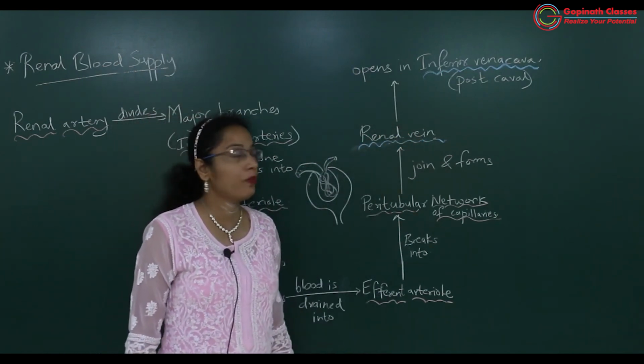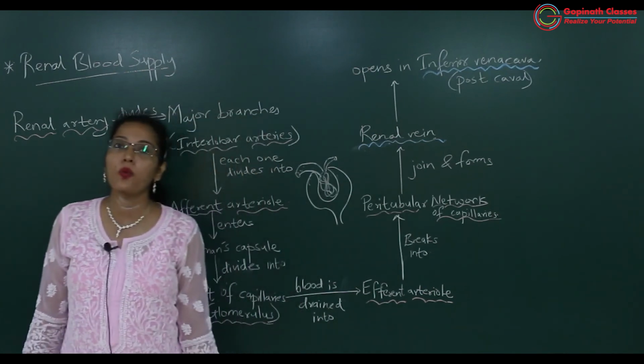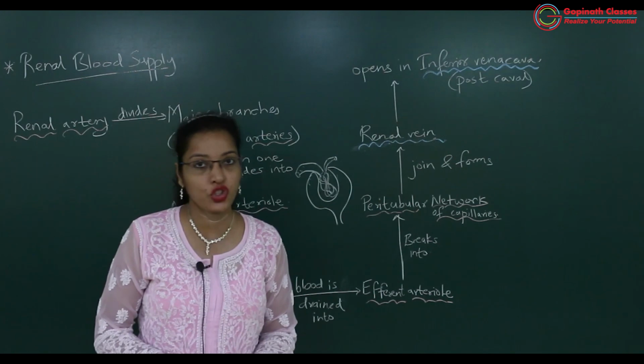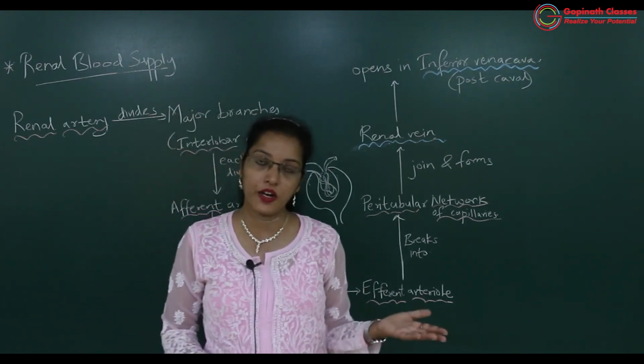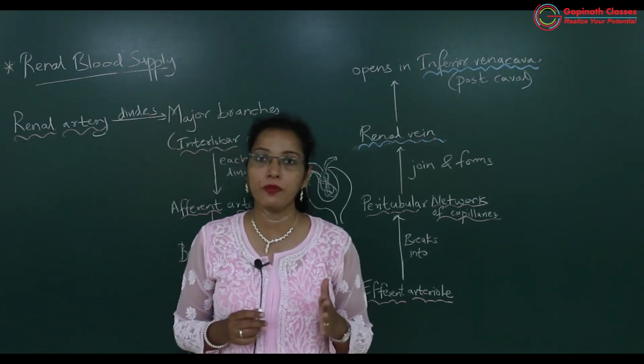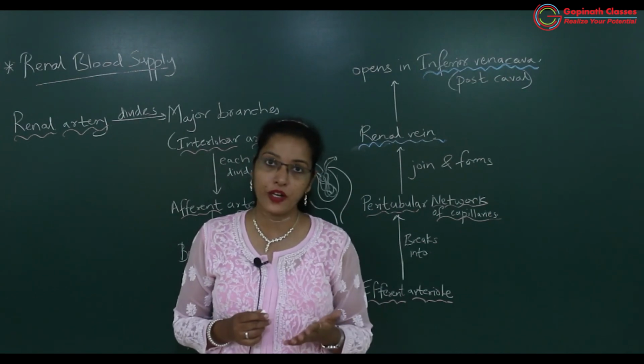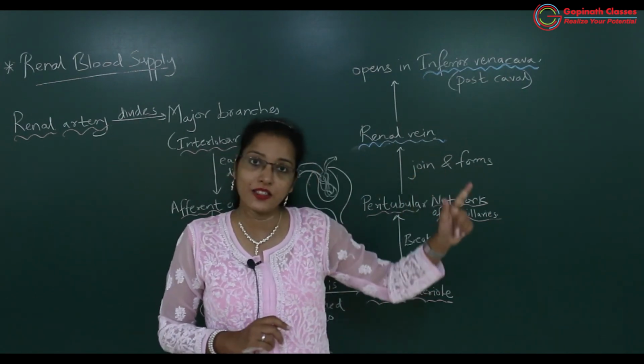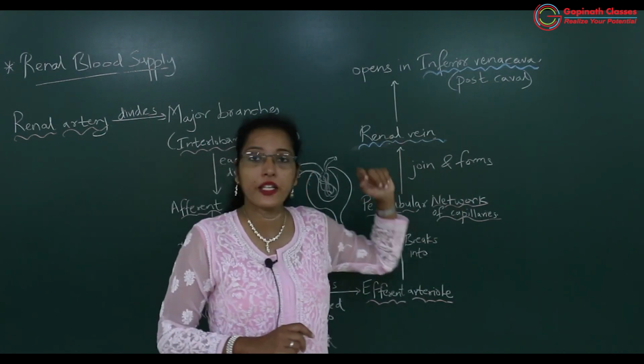The renal vein opens into the inferior vena cava. The inferior vena cava carries deoxygenated blood towards the heart. How does deoxygenated blood from the kidney enter the inferior vena cava? Through the renal vein.